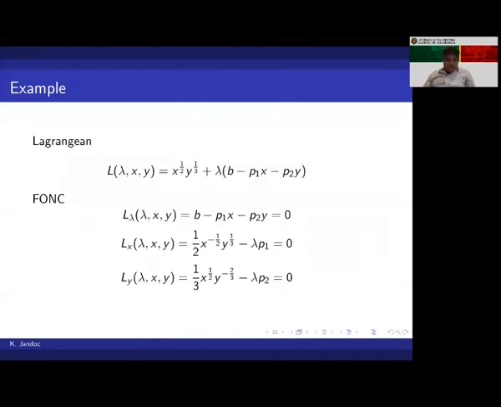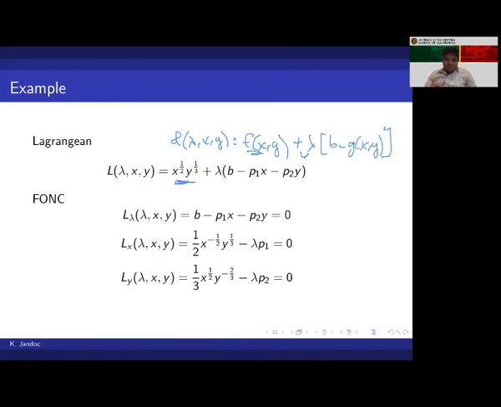So now here we construct the Lagrangian. How do we construct the Lagrangian? The Lagrangian is simply, again, f of xy, which is your objective function, plus lambda times b minus g of xy. In this case, your objective function is x raised to the 1/2 times y raised to the 1/3.